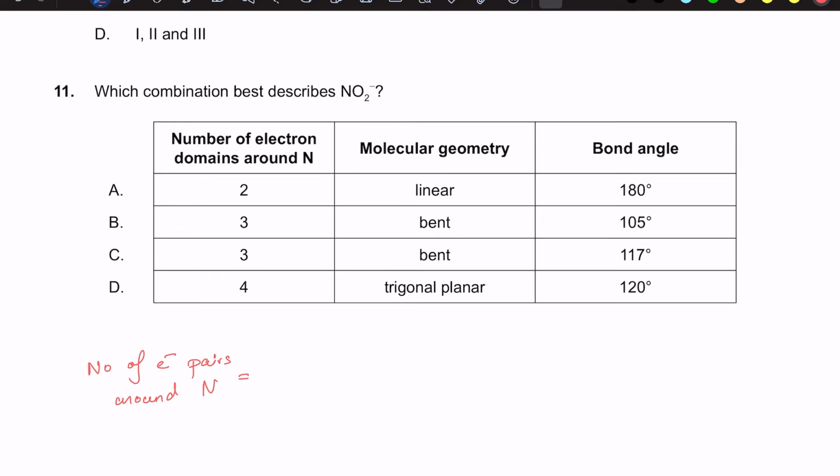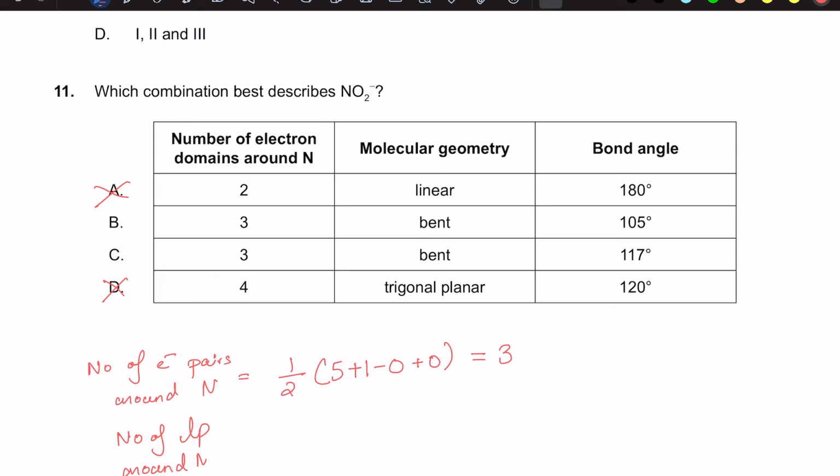We can find it using this formula: half times the number of valence electrons in nitrogen, which is 5, plus any negative charges, minus any positive charges, plus any monovalent atoms attached, which is 0 because oxygen is divalent. So this is 3. The number of electron domains around N is 3. So we can eliminate option A and option D with this information, right? Now for NO2 minus, we have to find the number of lone pairs.